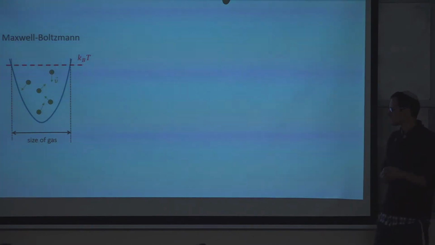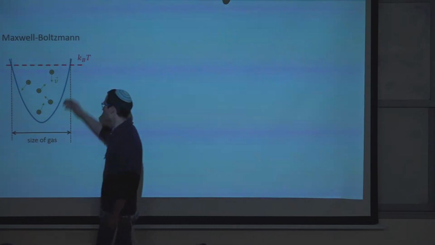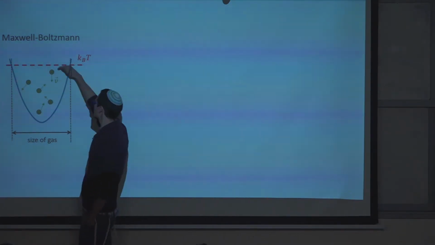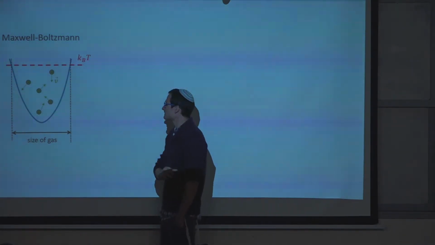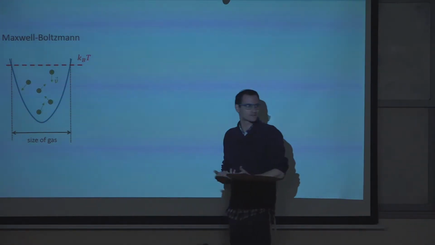So typically in these kinds of setups, you have a harmonic trap. So this would be a harmonic trap, and then the temperature is at some energy, and let's say in this case it's not cold enough yet, and the gas still behaves classically.